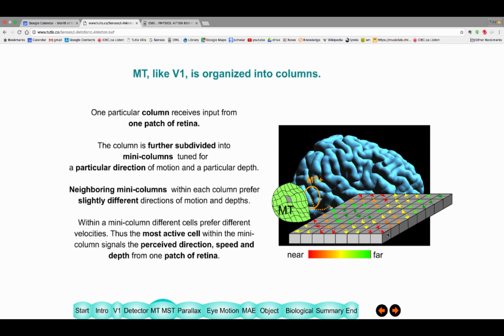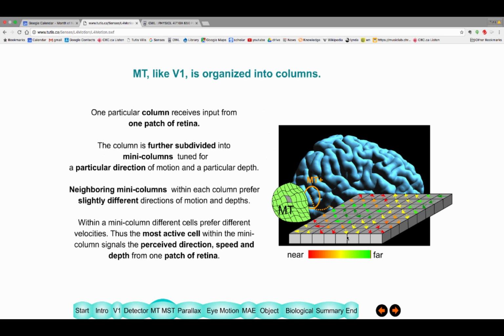So within one column, that is information from one part of the retina, that information is being analyzed in this multitude of ways. Now the arrow direction says some neurons over here are sensitive to motion in this direction. Some other neurons over here are sensitive to motion in a slightly different direction.